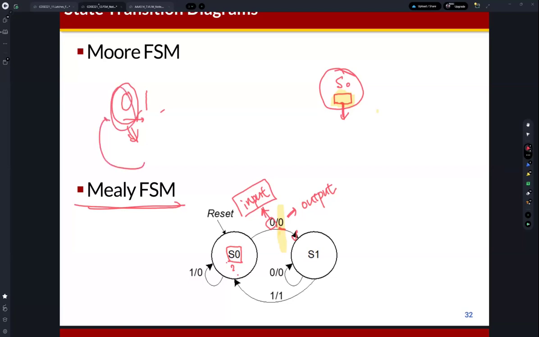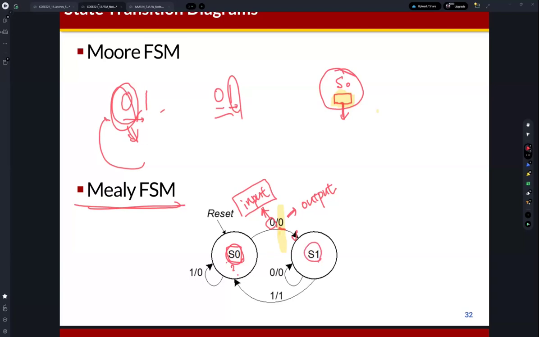So if the 0 is detected, then the output is determined by this input, right? So we can define the two states.